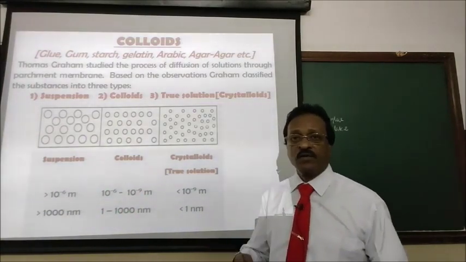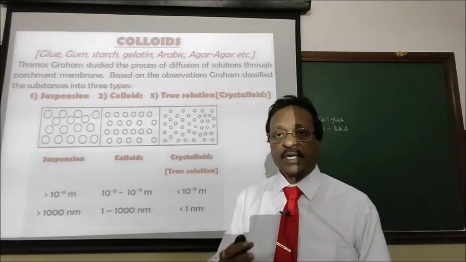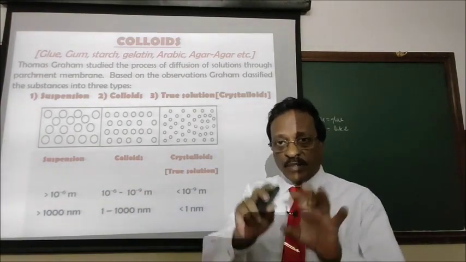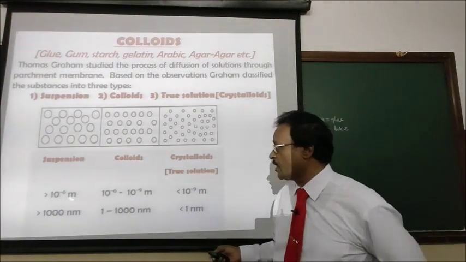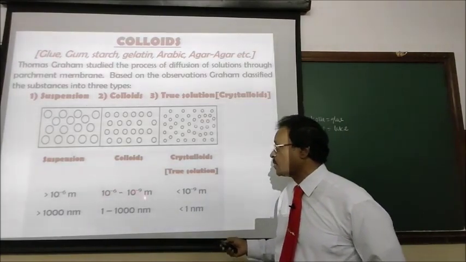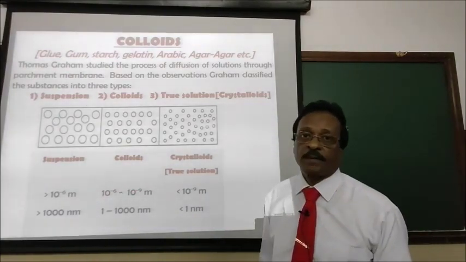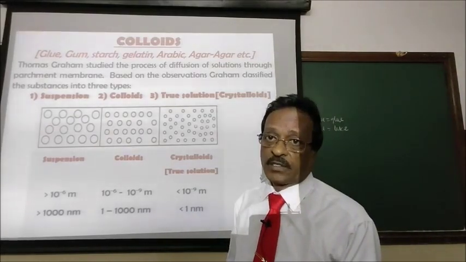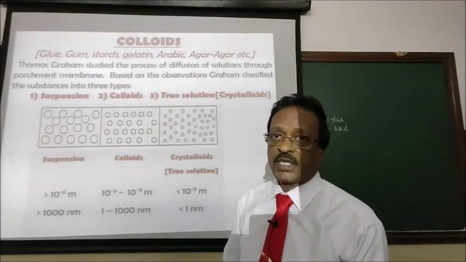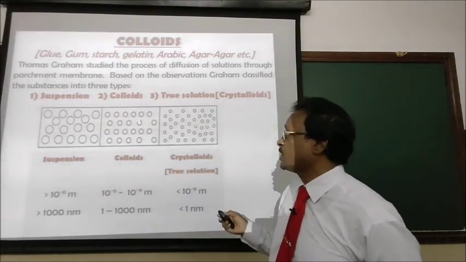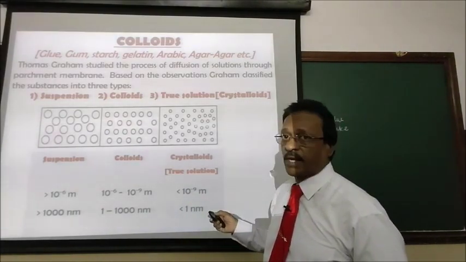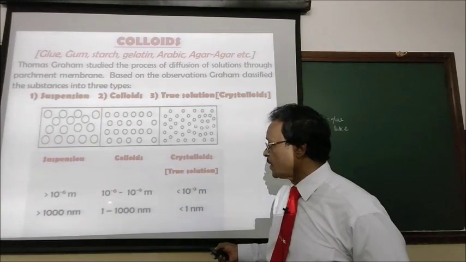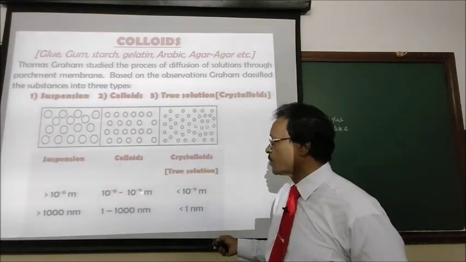So colloids may be in any physical state: solid, liquid or gaseous phase. Only if the particle size varies between 10 power minus 6 to minus 9 meter are they called the colloids. The term colloid was introduced by Thomas Graham into the chemical literature. All the glue-like compounds he studied diffuse very slowly through the parchment membrane, and the particle size was between 10 power minus 6 to 10 power minus 9 meter.